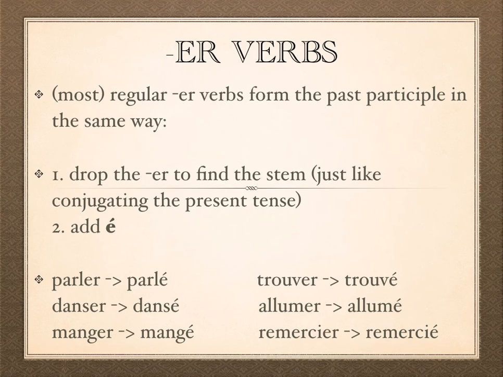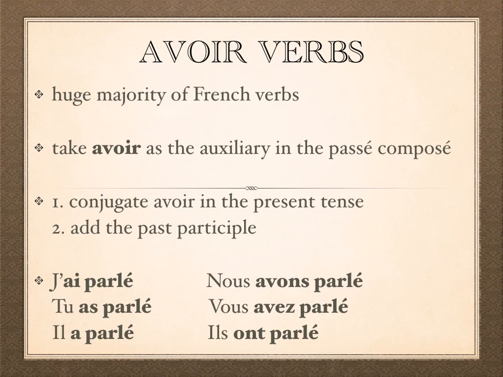Only this time, instead of adding different endings to match different subjects, we're just going to add an E accent aigu. So if we look back at that conjugation of parler, the past participle doesn't change regardless of the subject. So this is the only word we need. We'll just use that word for every single one of our 6 conjugations.